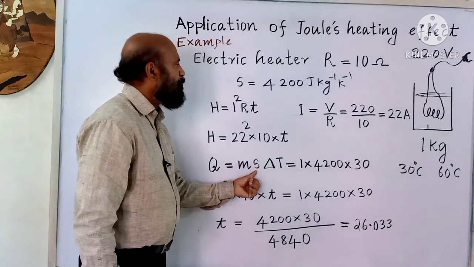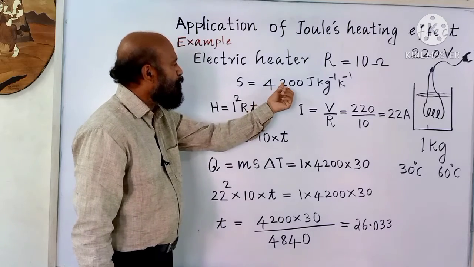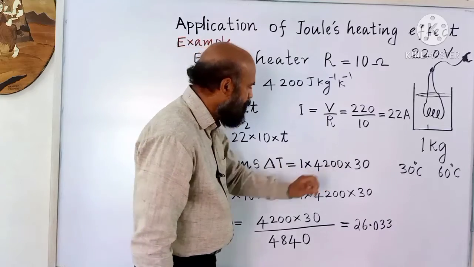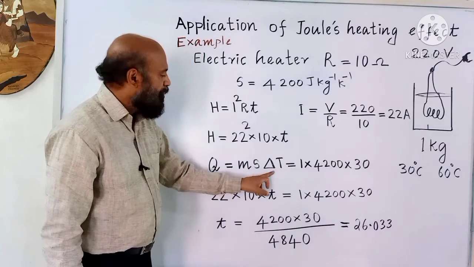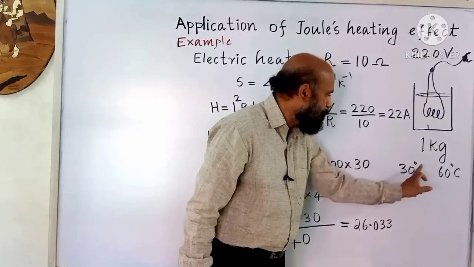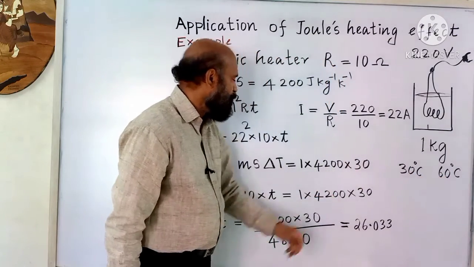Specific heat capacity is 4200 for water. Increase in temperature is 60 minus 30, so 30.